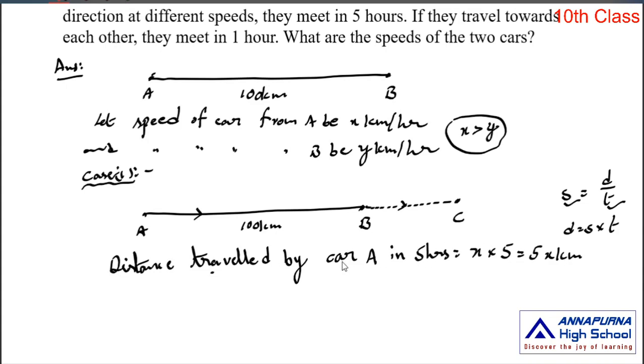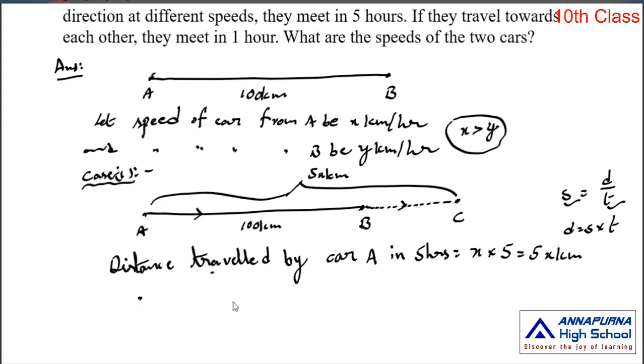So in 5 hours, the car starting from A covers 5x kilometers. In this diagram, this distance represents which length? Yes, the AC length. The total AC is equal to 5x kilometers.